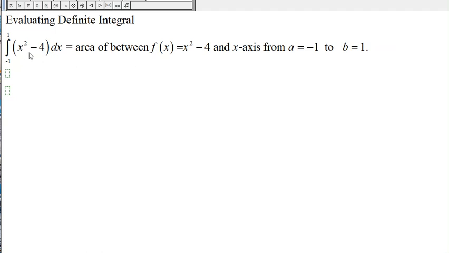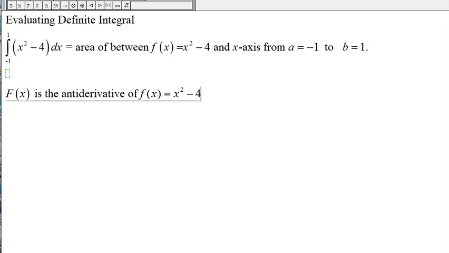To evaluate this definite integral, first we need to find the antiderivative of f of x. Normally we call it big F. This is the antiderivative of f of x equals x squared minus 4, so the big F is defined as the antiderivative of the small f.